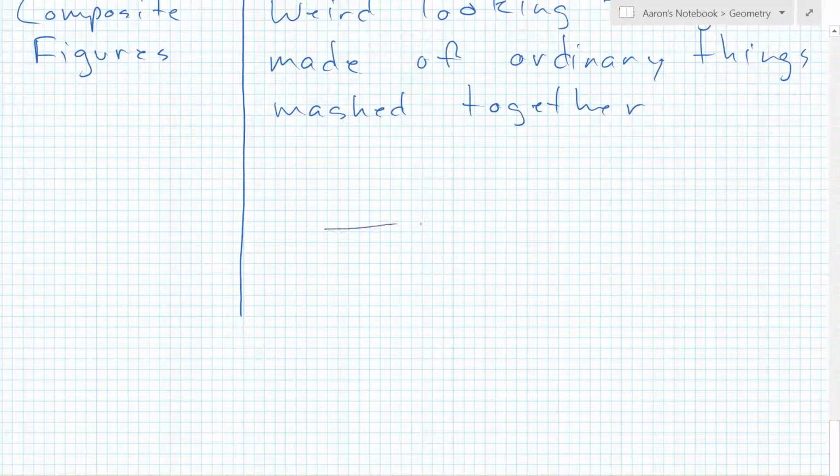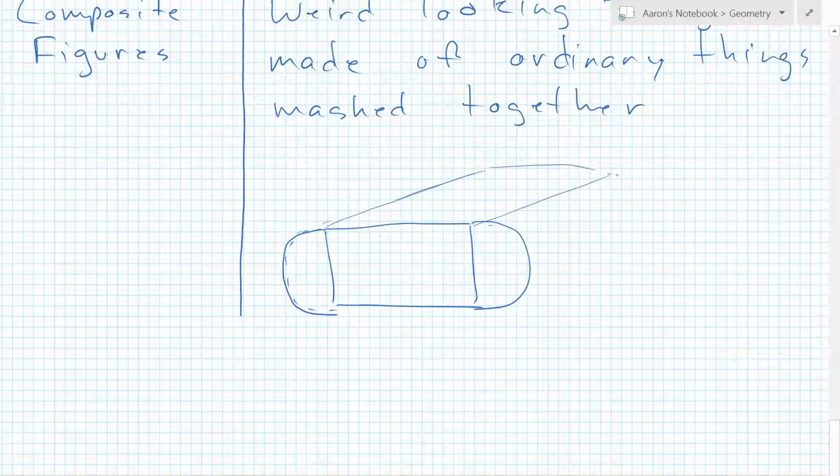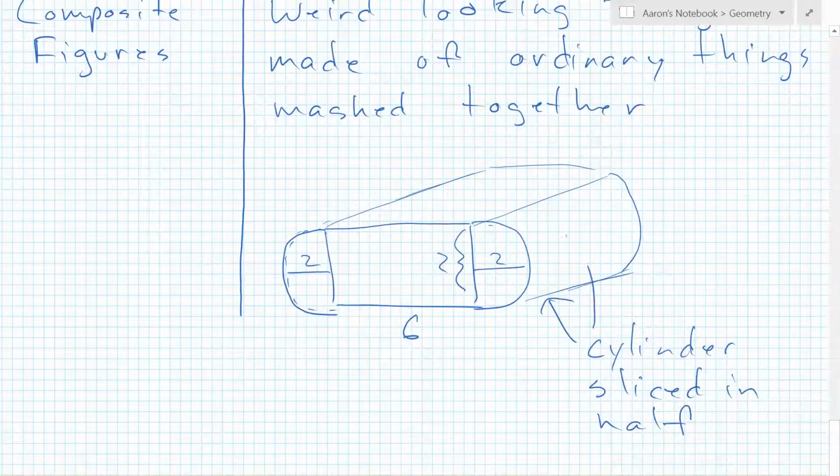For example, if we take this figure, it is really just a cylinder that's been sliced in half and a rectangular prism.